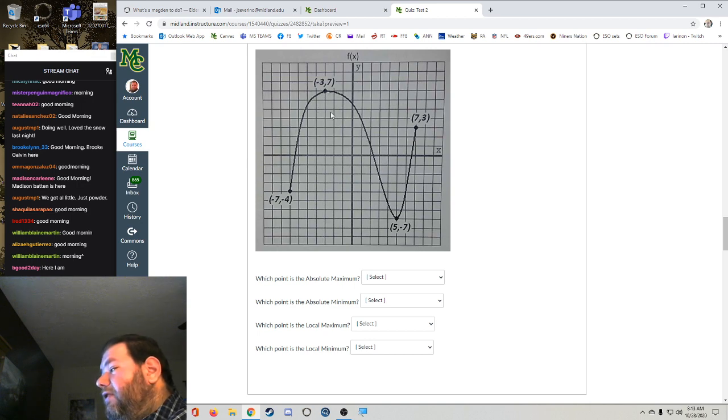And for the same reasoning, 5, negative 7 is not only the absolute minimum, it's also the local minimum, because here it switches from decreasing to increasing. So both these points fit both maximums and both minimums. So we would actually have the same answer for both parts: negative 3, 7 for both maximums and 5, negative 7 for both minimums.